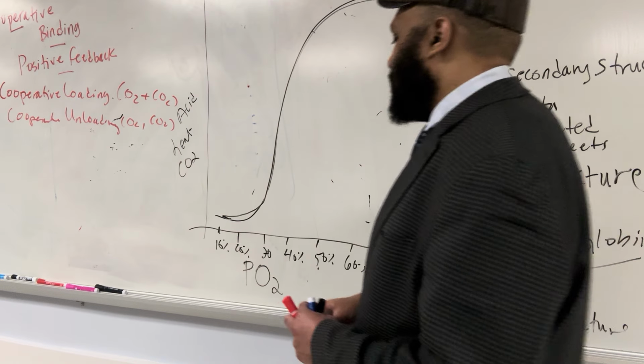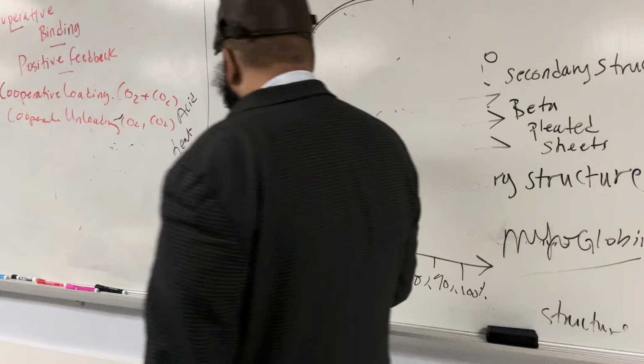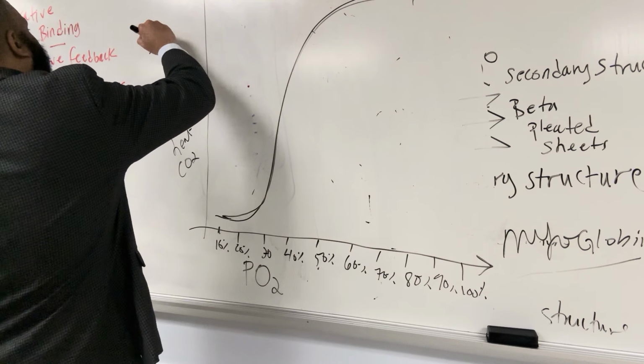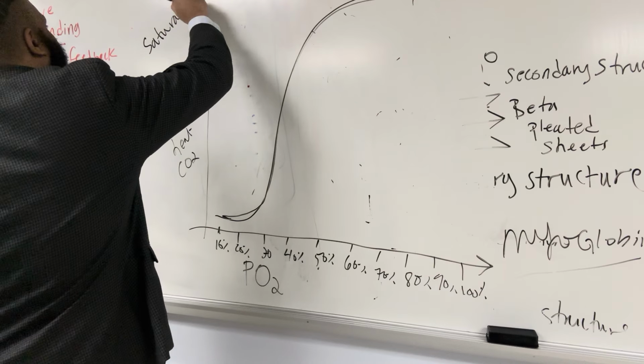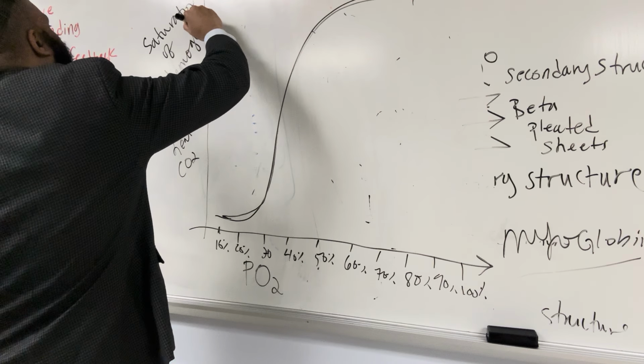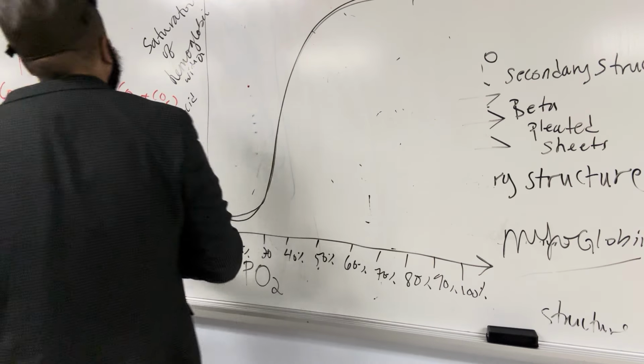So this graph is showing you that normally this shows you partial pressure of oxygen, and this here will show you the saturation of hemoglobin with oxygen.